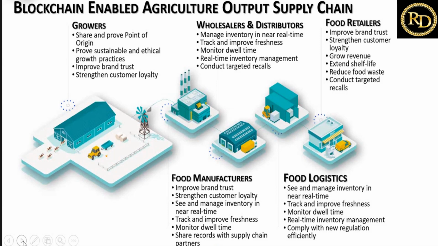Food retailers improve brand trust, strengthen customer loyalty, grow revenue, extend shelf life, reduce food wastage, and conduct targeted recalls. Food logistics companies can see and manage inventory in near real time, track and improve freshness, monitor dwell time, and comply with new regulations wherever they come.